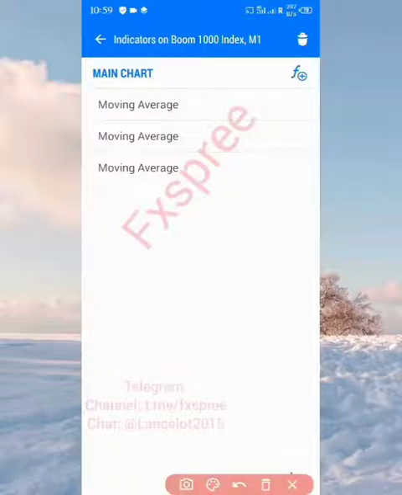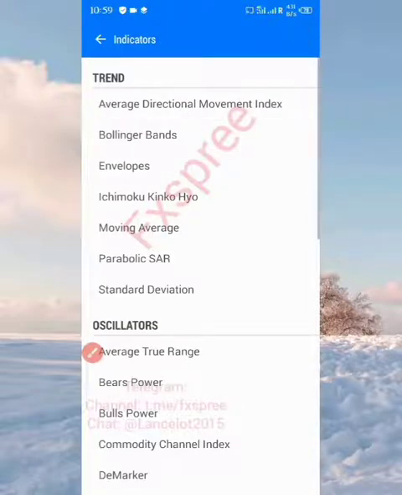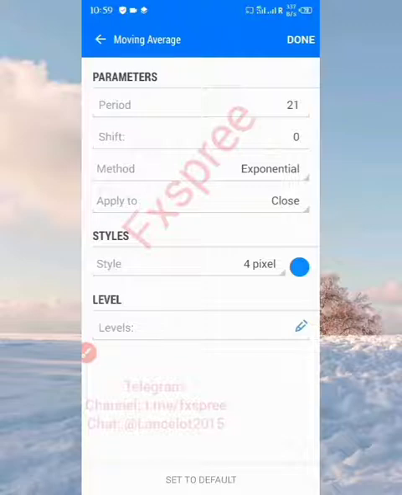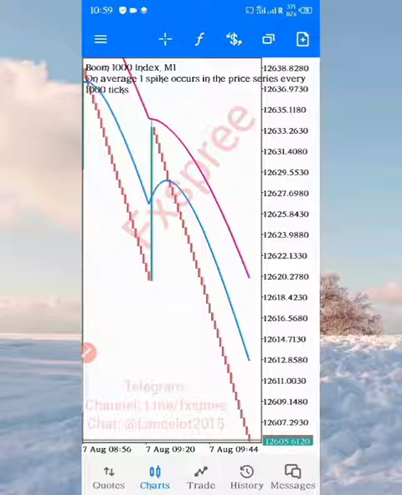If you don't have any setup there before, you go to the F on the main chart, then you tap the moving average. So the first one, you take the screenshot of these parameters. When you are through with it, go to the top right hand side, you will see Done there. Tap it.